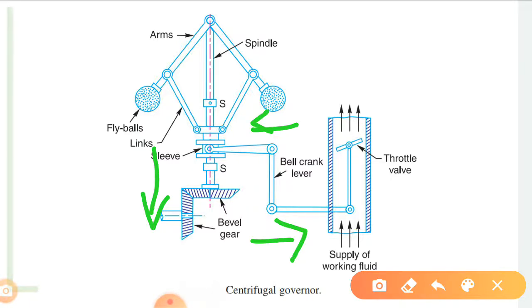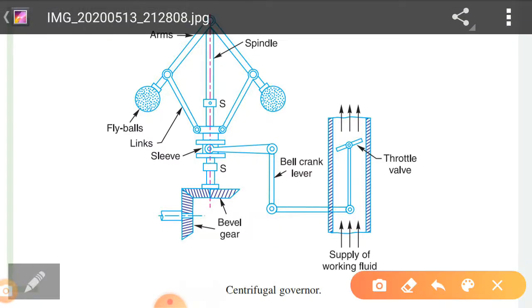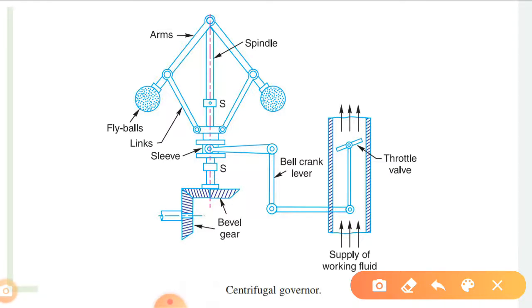Okay, when the load on the engine is decreased, its speed increases, and the speed is given to the spindle with the help of this bevel gear.